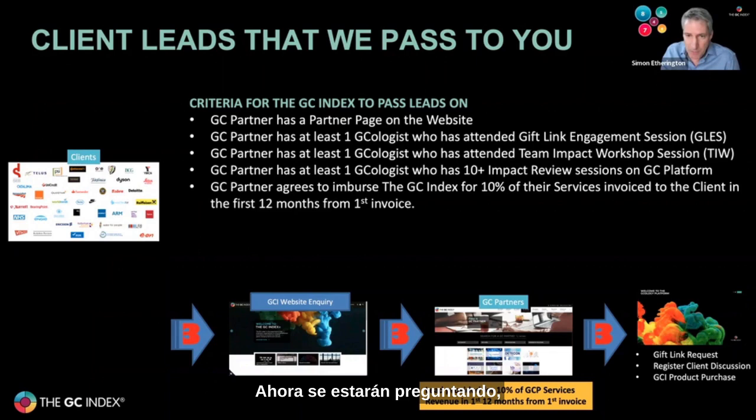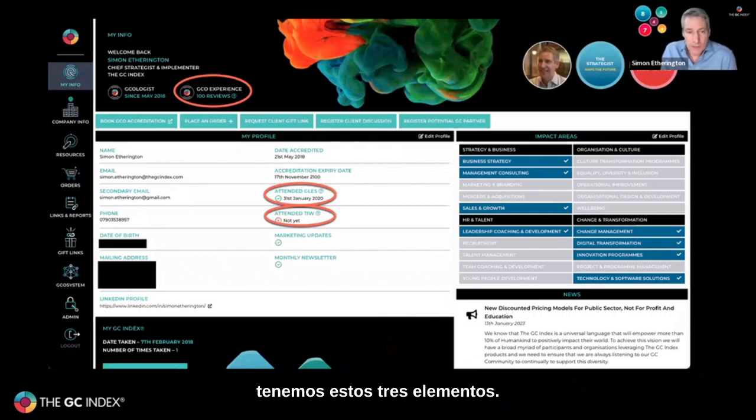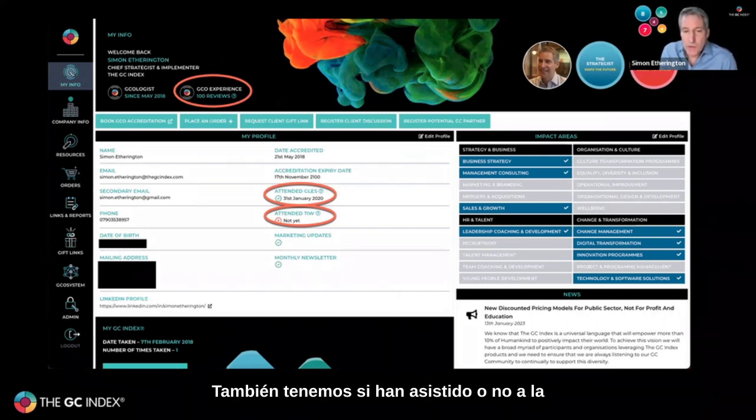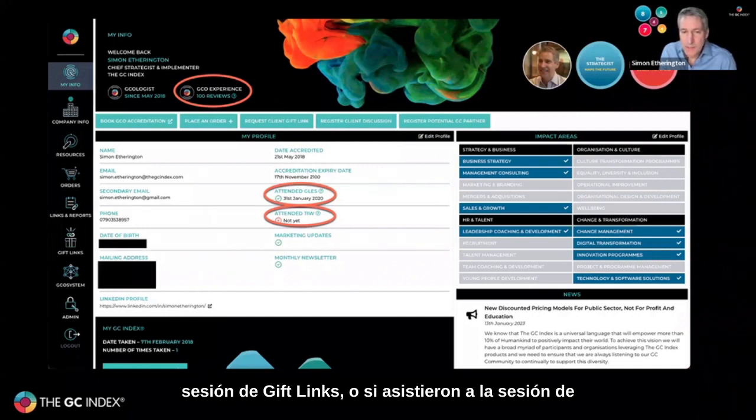Now, you might be wondering, well, how do we know these three? Again, on the new GC platform, we've got these three elements. So at the top, we've got GCO experience, which increases every time you do a review, an impact review as a GCologist. So we can see whether someone's done 10 or more of those. We've also got whether or not you've attended the gift link engagement session, GLES, or whether you attended the team impact workshop session as well.